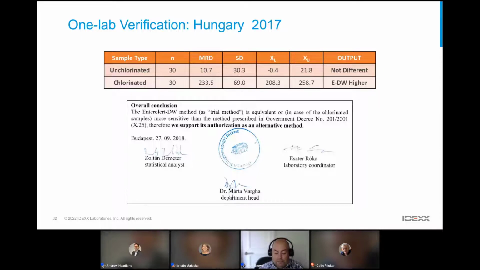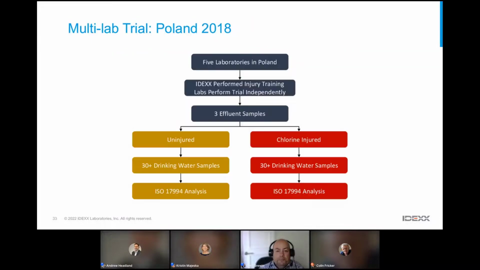And again, based upon these findings, the health department authorized the use of Enterolert DW as an alternative method. And again, it's interesting just to note that with the chlorine injured organisms, Enterolert DW appears to be more sensitive. And that comes back to the comments that Colin made earlier.